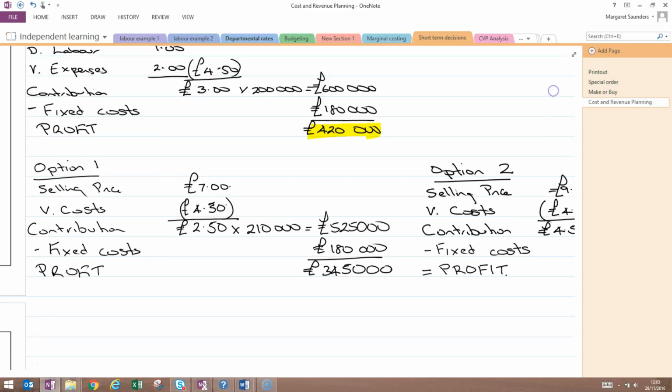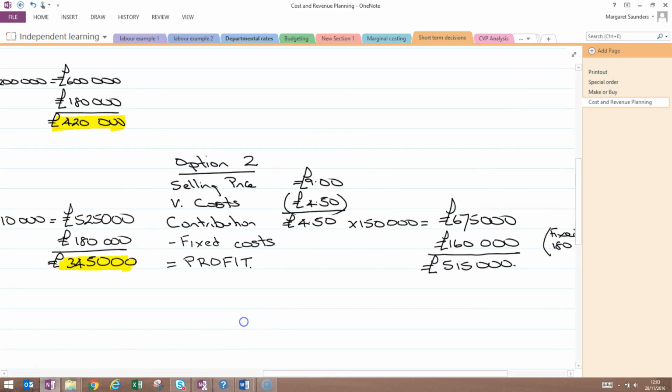Option 1 is expected to give us 345,000, and option 2 is expected to give us 515,000. So it would be recommended on these figures that we go with option 2. That's giving us the highest profit.